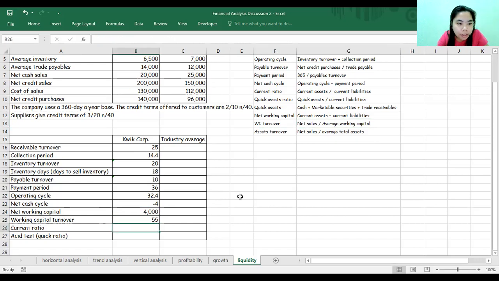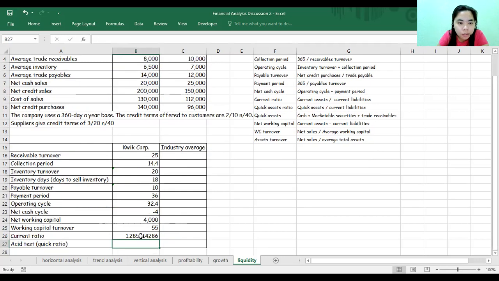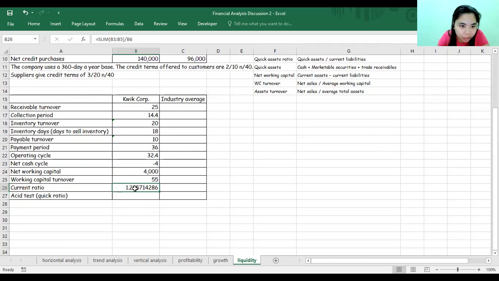Okay. Then current ratio is our current assets divided by our current liabilities. Yes. Natin current ratio.